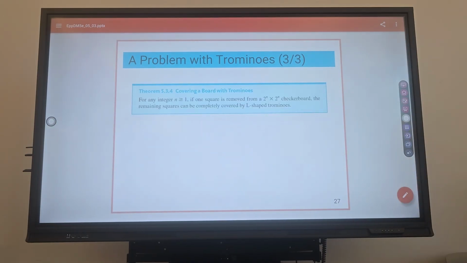So the theorem that they came up with, apparently using mathematical induction, was that for any integer n greater than or equal to 1, if 1 square is removed from a 2 to the n by 2 to the n checkerboard, the remaining squares can be completely covered by L-shaped trominos.